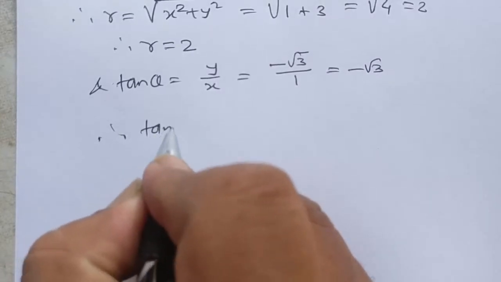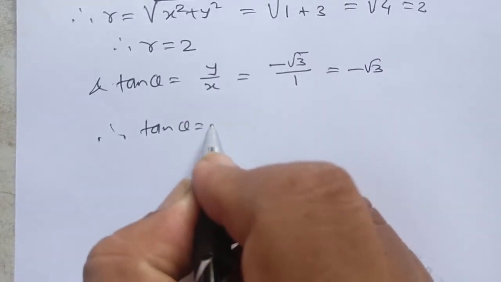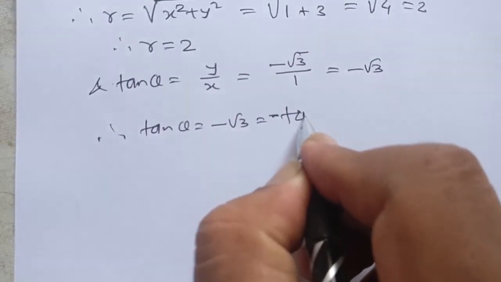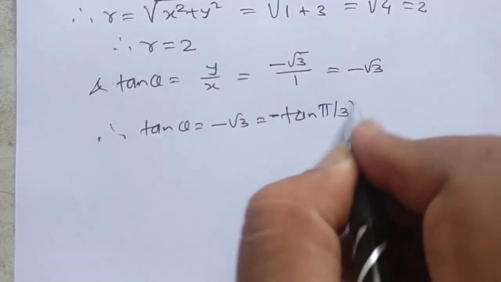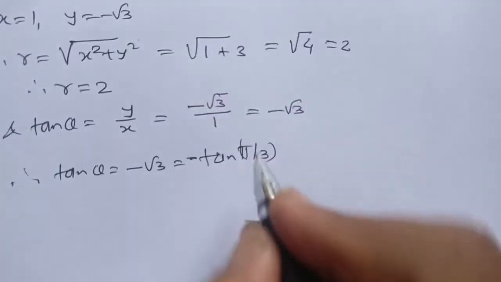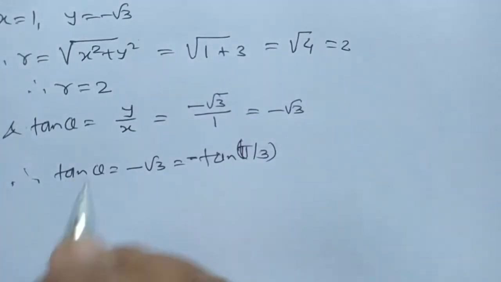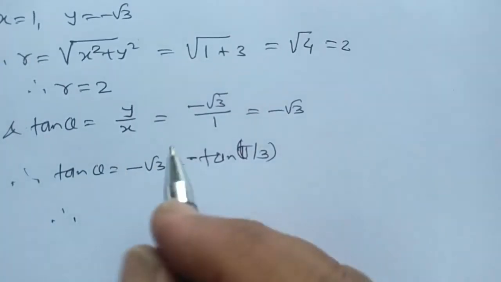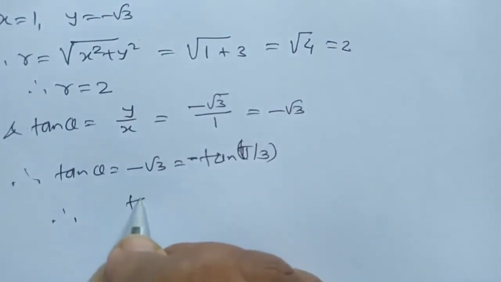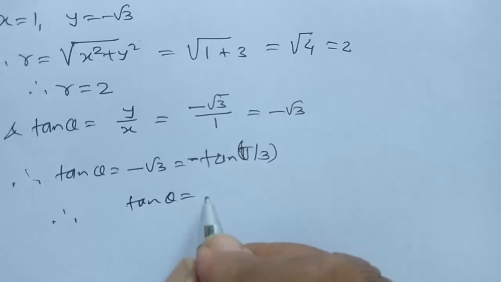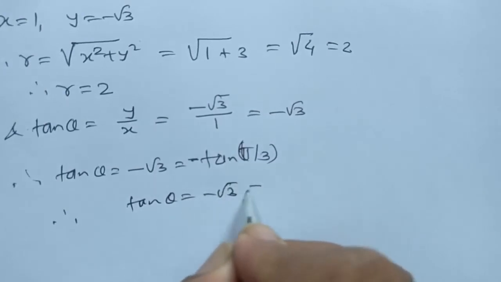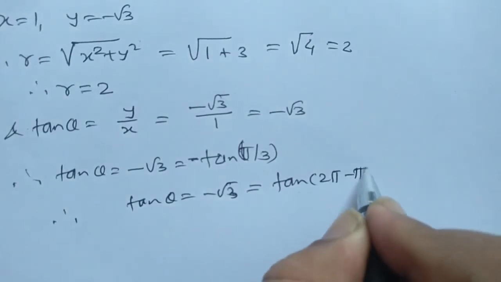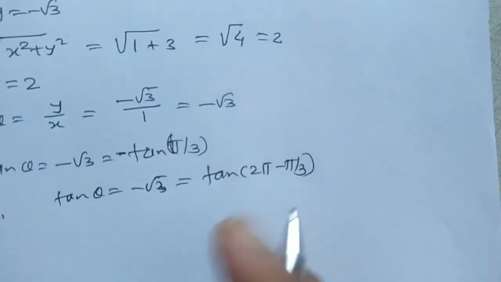Therefore, tan theta is equal to minus root 3, we know that it is minus tan pi by 3. Which is equal to tan theta is equal to minus root 3 is equal to tan of 2 pi minus pi by 3, by allied angles formula.